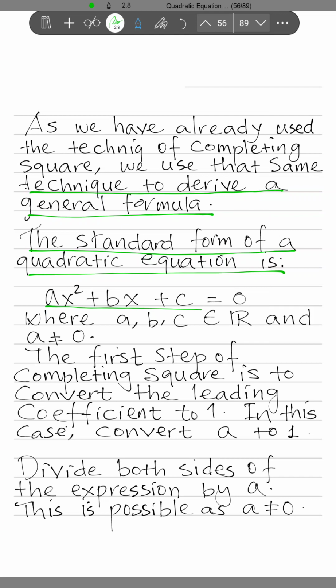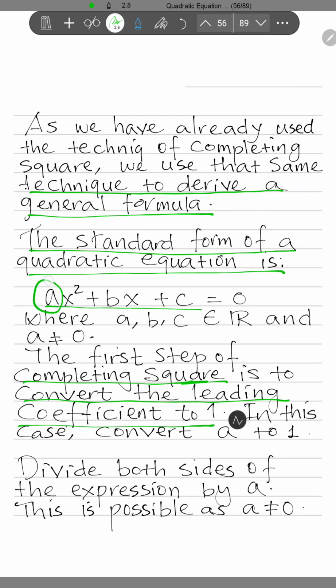The first step of completing square, which we discussed in detail in part 2 of this quadratic equations lesson, is to convert the leading coefficient to 1.